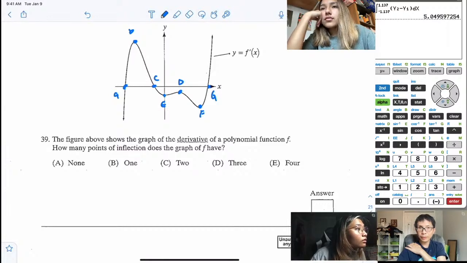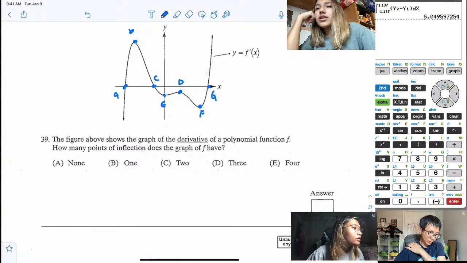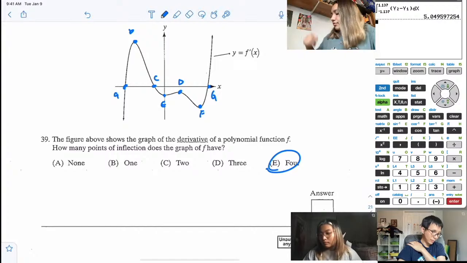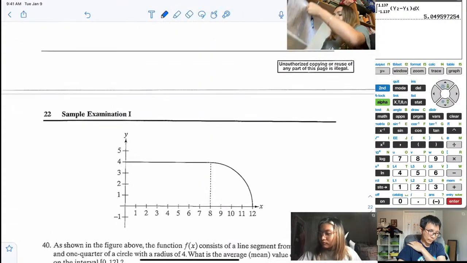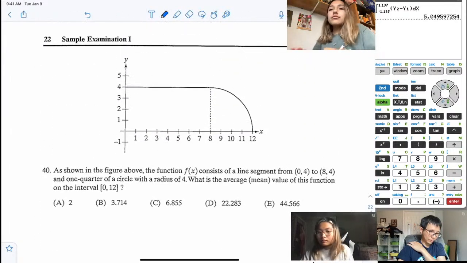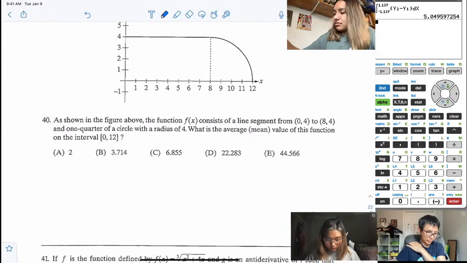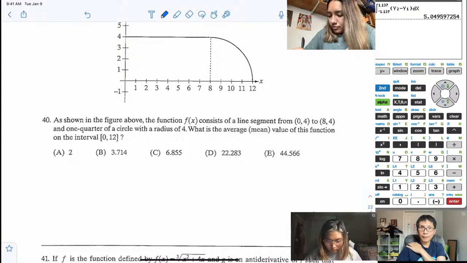So I just labeled all the points there. B, E, D, and F. B, E, D, F. That's perfect. That's fast, right? That one was easy. Okay, so 4.